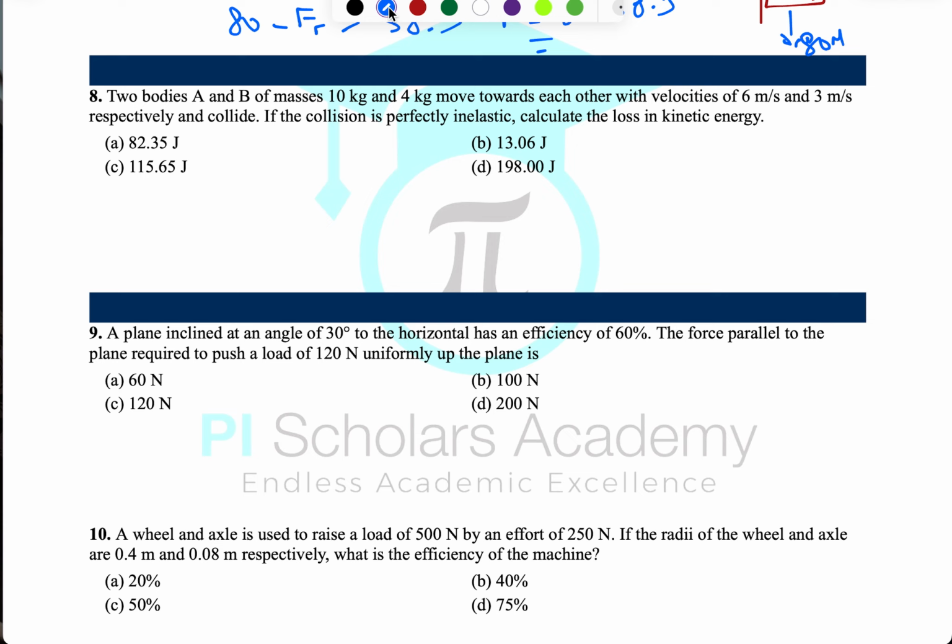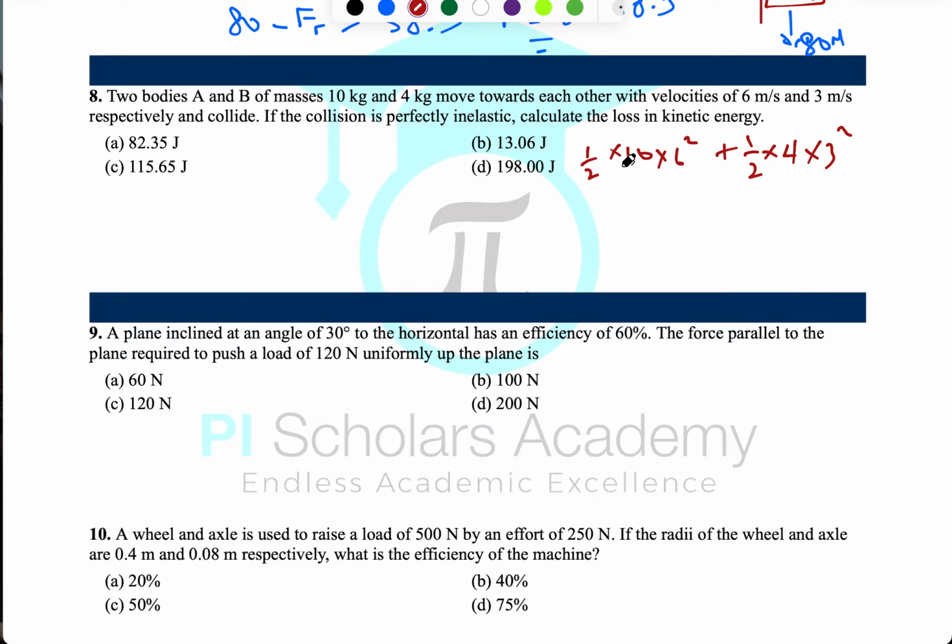So that's going to be very, very easy. We need to calculate their common velocity first. When we know their common velocity, then we can know the loss in kinetic energy. But while we're doing that, we can easily just calculate the total initial energy that they both have. That will be 1 over 2 times 10 times 6 squared plus 1 over 2 times 4 times 3 squared, because kinetic energy is half mv squared.